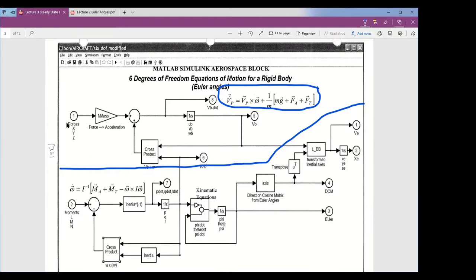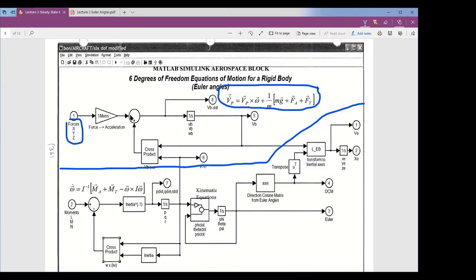The forces are this stuff here, the mg plus fa plus ft. So we've got to feed that from outside the block. We've got to say, okay, here's our aerodynamic forces, here's our thrust forces. But then we divide by m here, and this triangle is division.